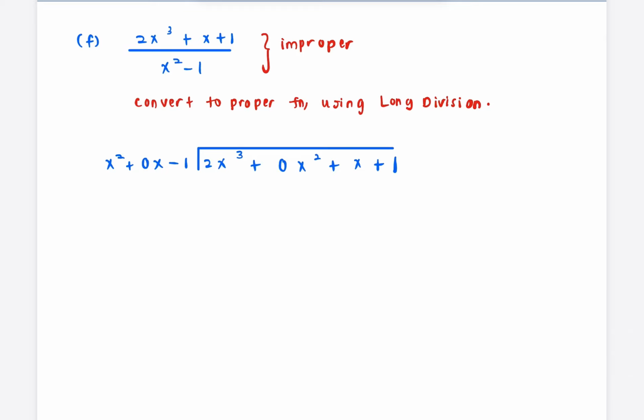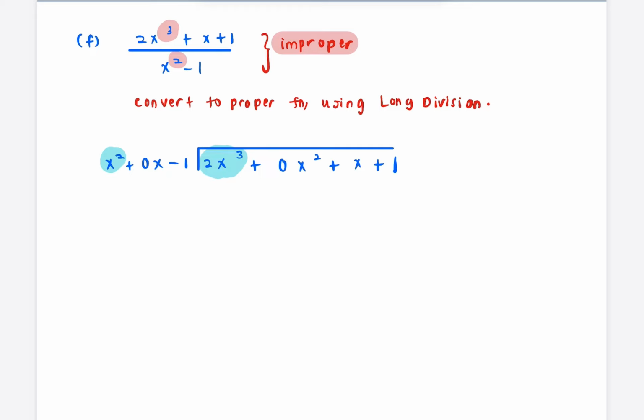So put it here. 2x times x squared is 2x cubed. 2x times 0 is 0. 2x times negative 1 is negative 2x. Okay, minus this one. 0, 0. X minus negative 2x is 3x. Bring down this number. You have plus 1.